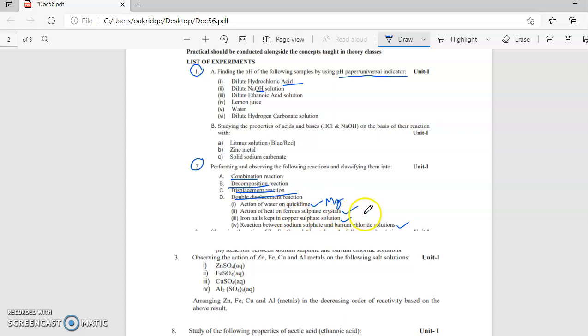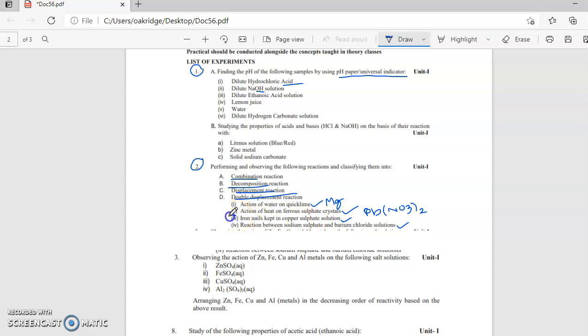We can take lead nitrate also here, Pb(NO3)2, and see the observations. Iron nail and copper sulfate, so we can test different combinations, like silver in copper sulfate solution, and see whether a reaction takes place or not.